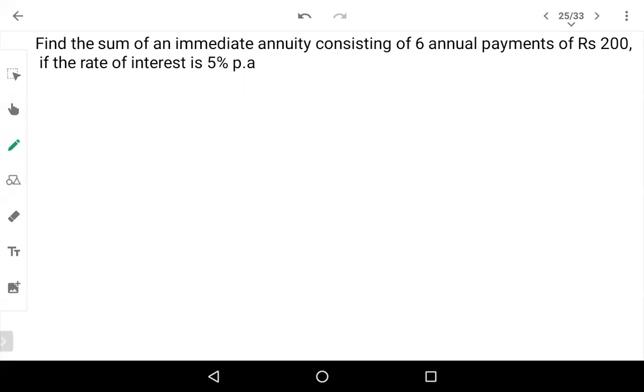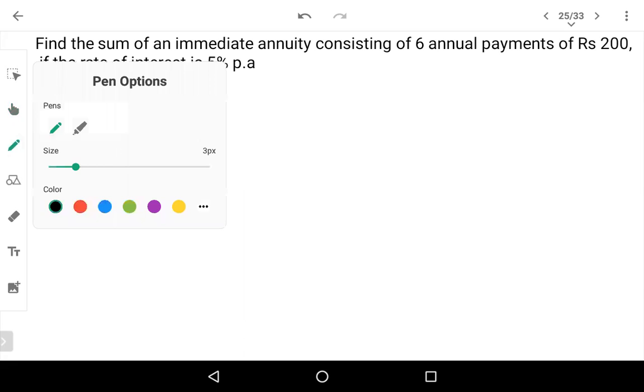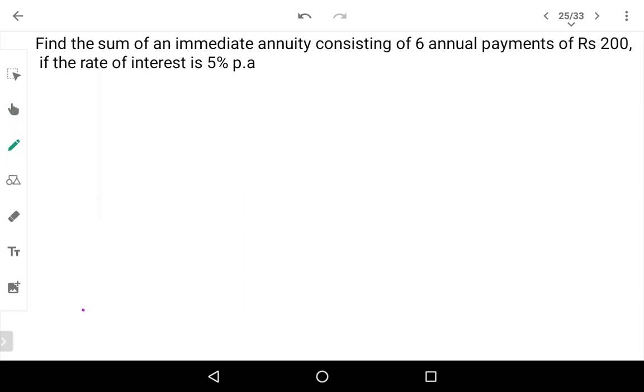The first question is, find the sum of an immediate annuity consisting of 6 annual payments of rupees 200 if the rate of interest is 5% per annum. So this is the immediate annuity that has to be paid, and so let us write down what all are the given values or given information.